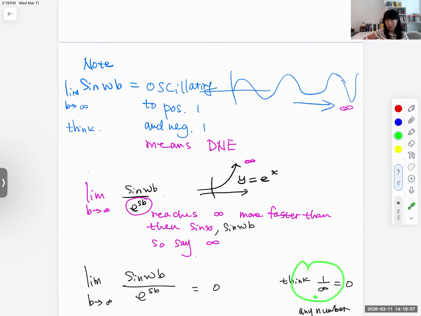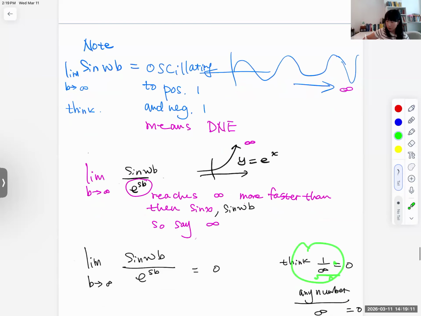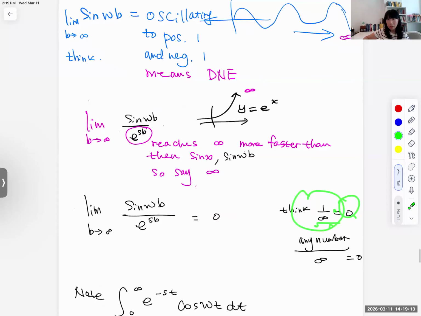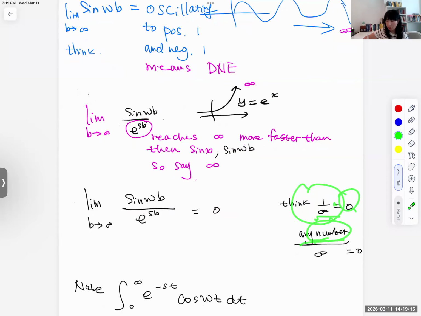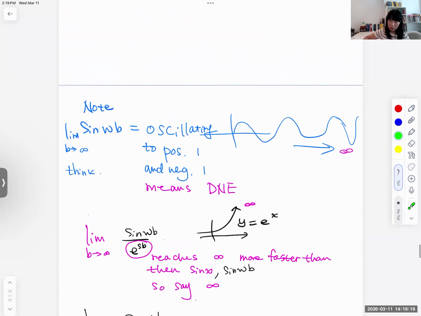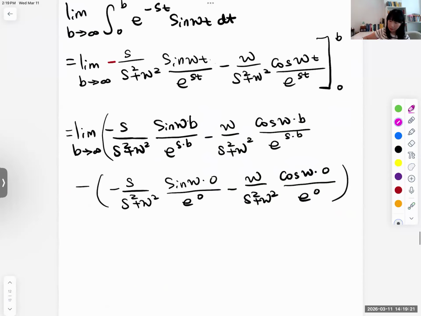So casual thinking, 1 over positive infinity, we have a 0, yeah? Any number over positive infinity equals 0, yeah? So this one, we say that it is 0. Okay?